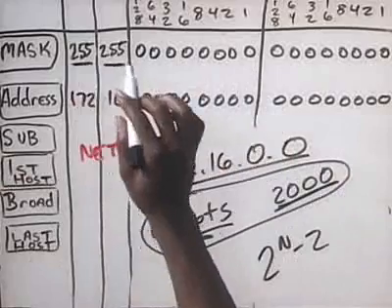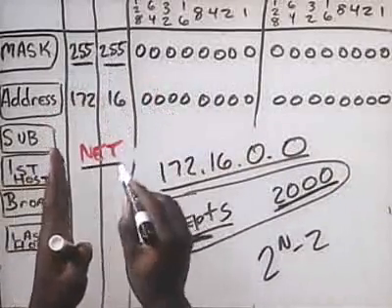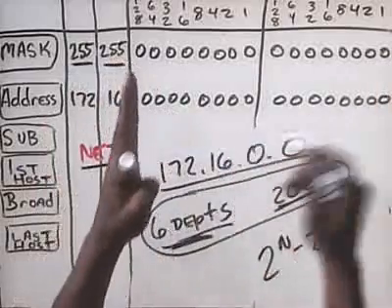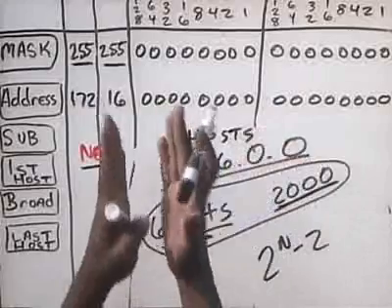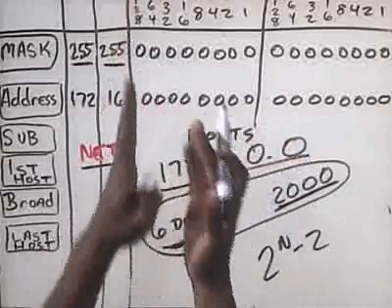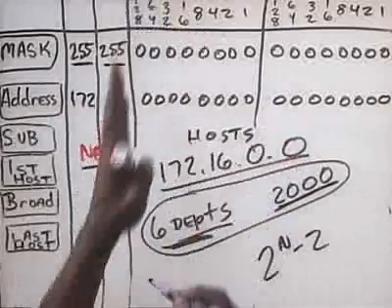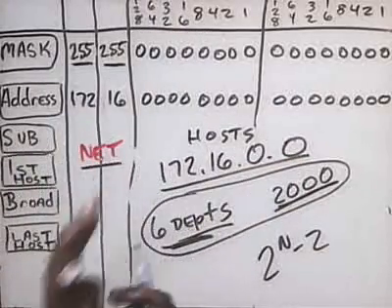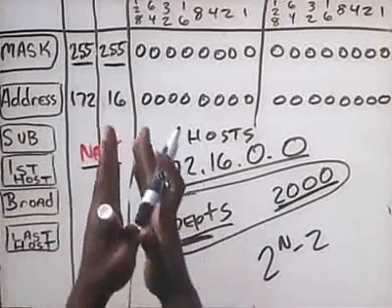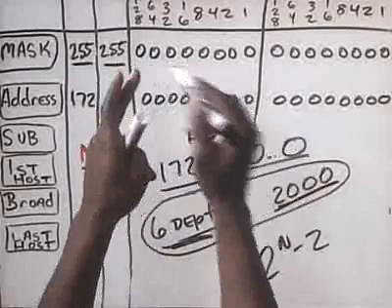So, starting with the default mask, we now have 2 sections, a network section and of course the default section, the host section. We cannot change any of the bits to the left of this imaginary line right here. To the left here, we can't change any of the network bits. So can't touch those. But we can manipulate or change host bits in the mask here.